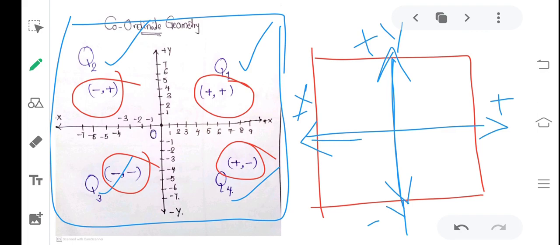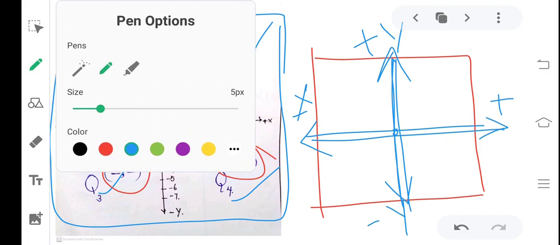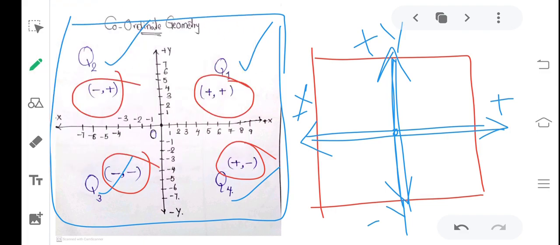So here the x-axis and y-axis meet at a particular point. This is the point where the x and y axes meet. This is called the origin. Simply, we can say that the point of intersection of the x and y axes is called the origin. After drawing the x and y axes like this, the plane is separated into 4 quadrants.